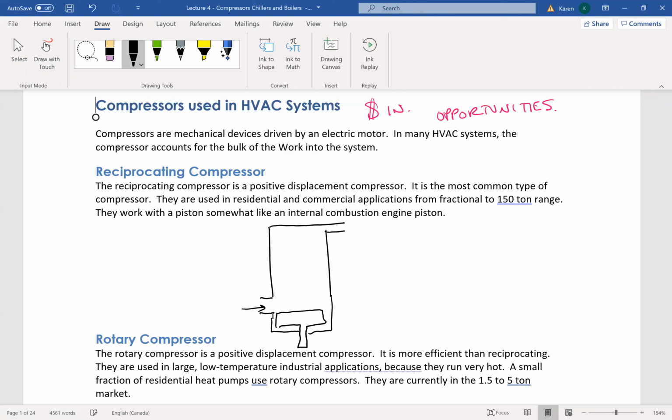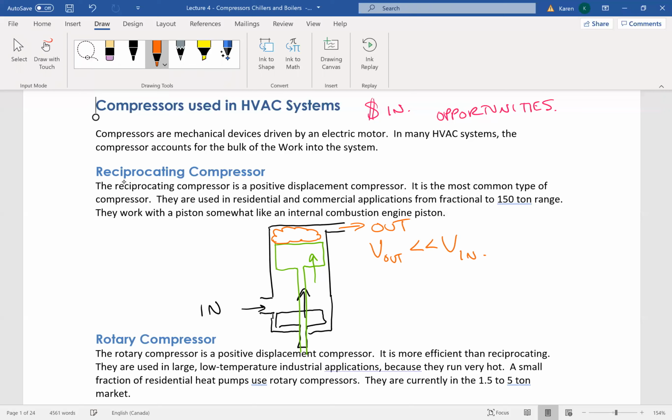This is the piston, and some fluid comes in, and then the piston rises up within the cylinder, and then the fluid is now compressed here and exits, and the volume out is much less than the volume that came in.